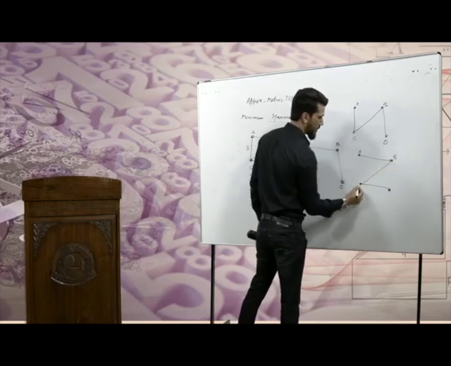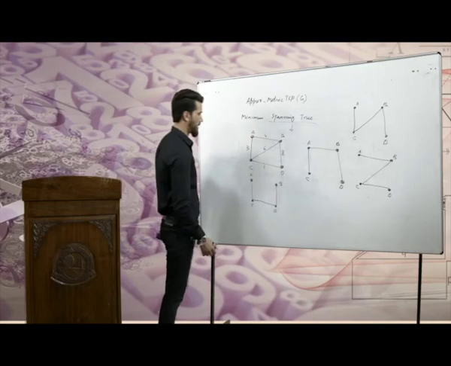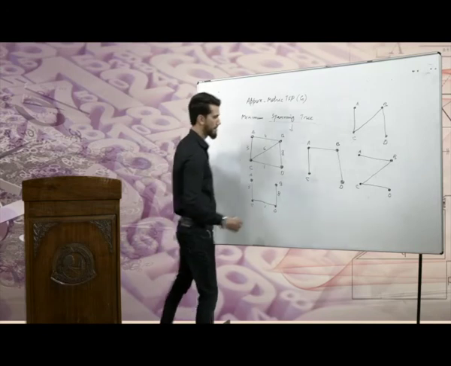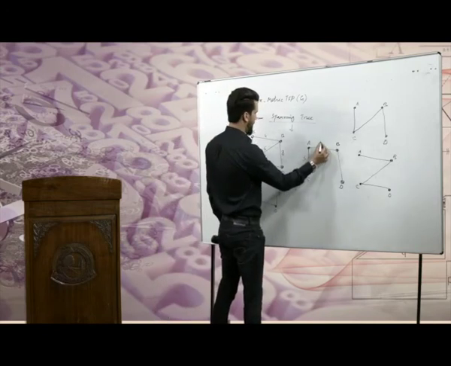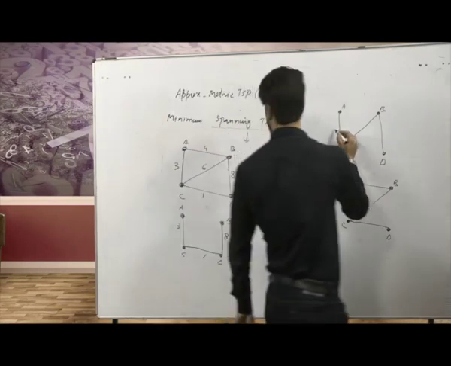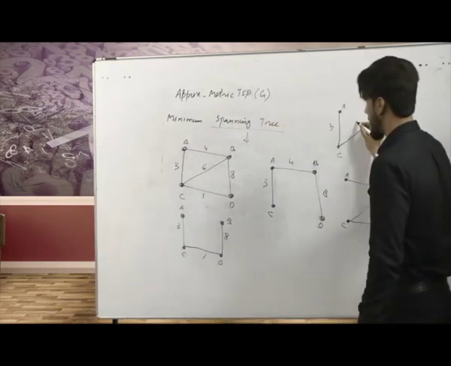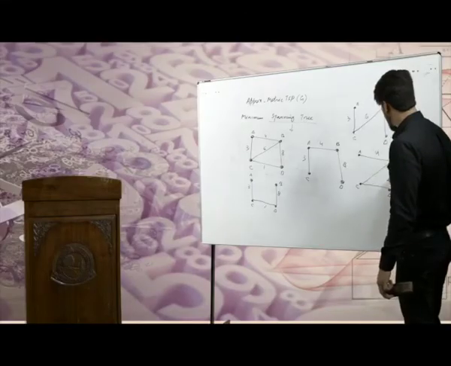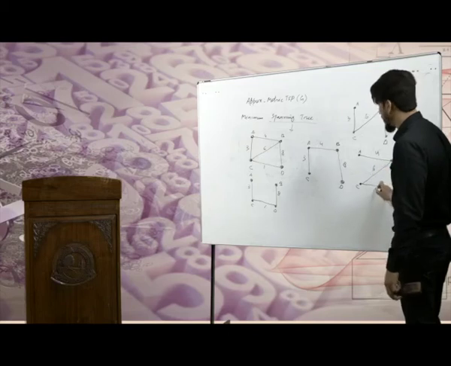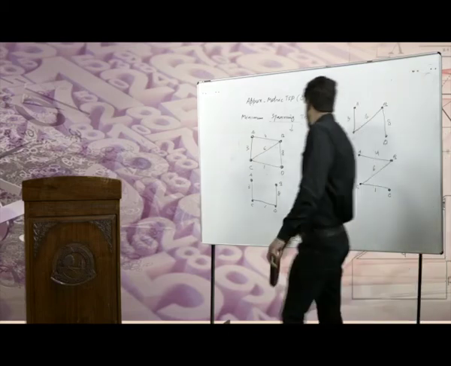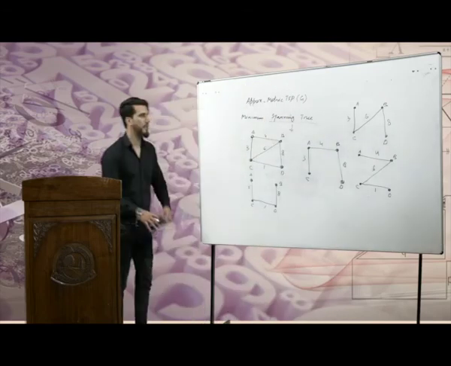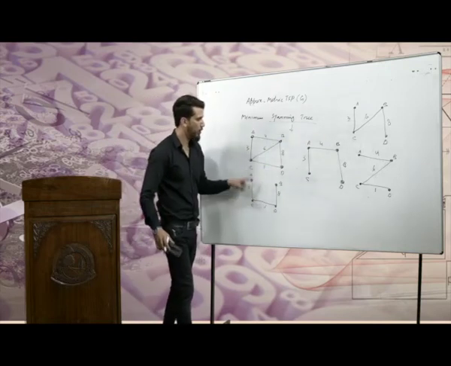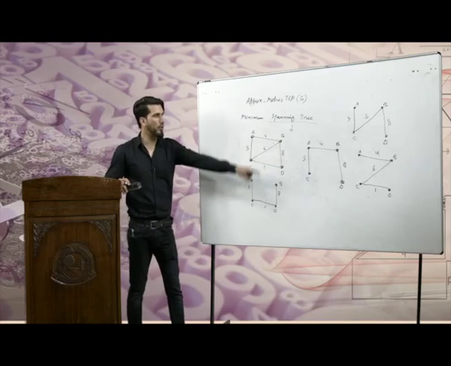This is A, B, C, and D. If we write the weights on the edges of these spanning trees, it will be 3, 4, and 8. It will be 3, 6, and 8. And this will be 4, 6, and 1. These are all the spanning trees possible from this graph G. These are all the subgraphs that connect all the nodes, and these all are the spanning trees.